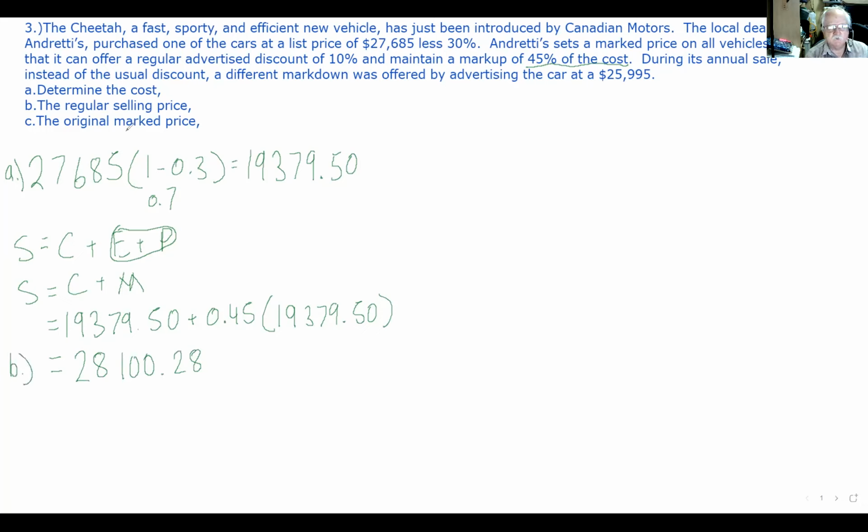And they want to know the marked price. In other words, the artificially inflated price. And let's take a look at how we find that. We're going back to this basic formula here: N equals L times (1 minus D).